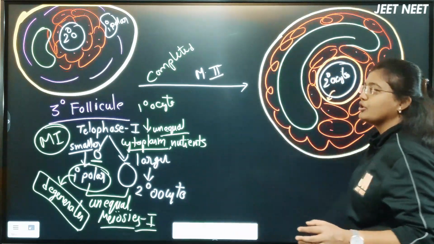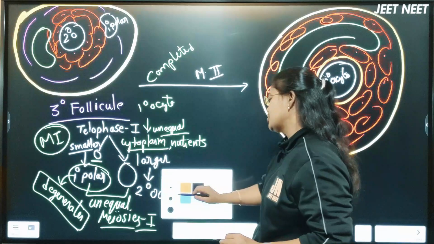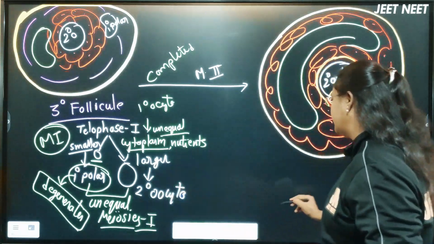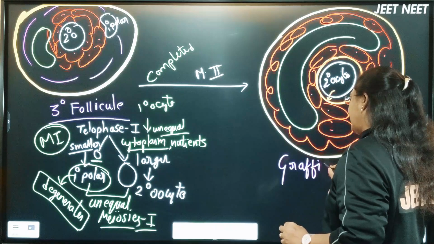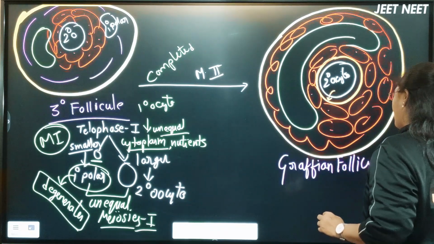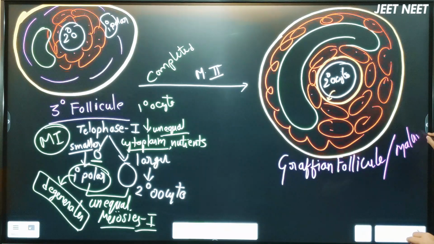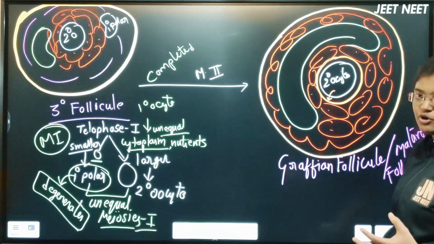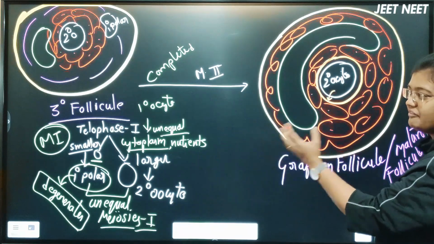The structure we are calling this is the Graafian follicle. We can also use the word mature follicle for this Graafian follicle. You can see the structural difference very clearly here.